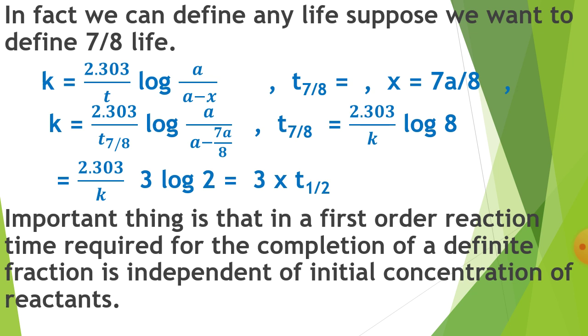First of all, you have to write the rate constant K equals 2.303 by T log A by A minus X. A is the initial concentration and A minus X is the final concentration. Now we have to find the 7/8 life.